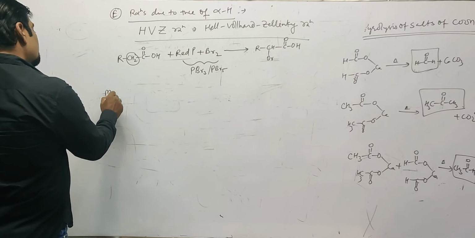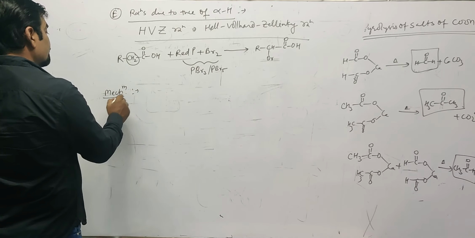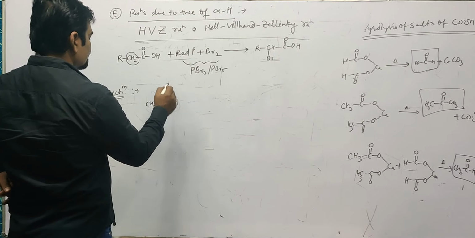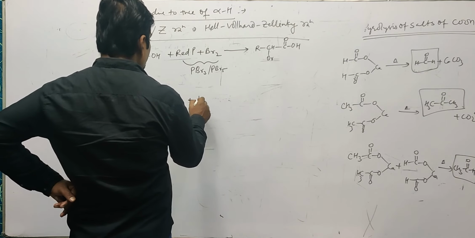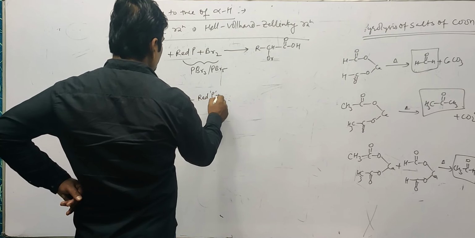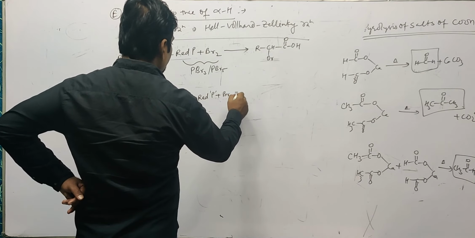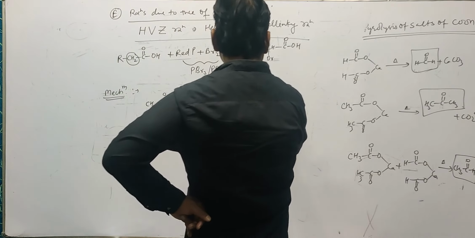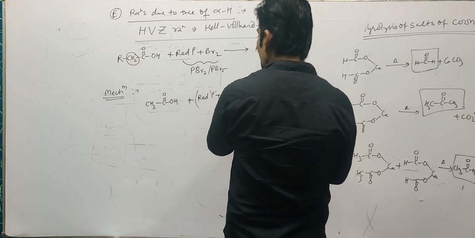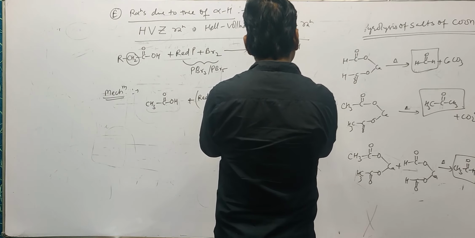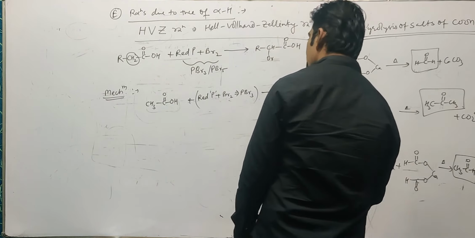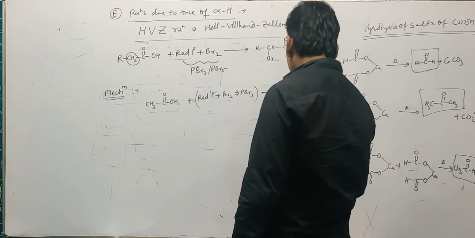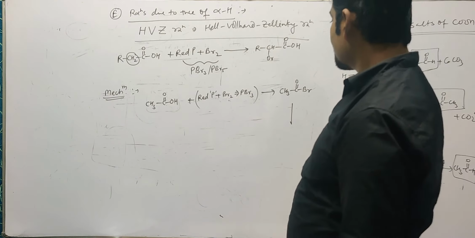Okay, see the mechanism of the reaction. Let's take CH3 C double bond OH and it reacts with red phosphorus plus bromine, in the form of PBr3 or PBr5. As we already did this mechanism, this gives CH3 C double bond O Br, an acyl halide.